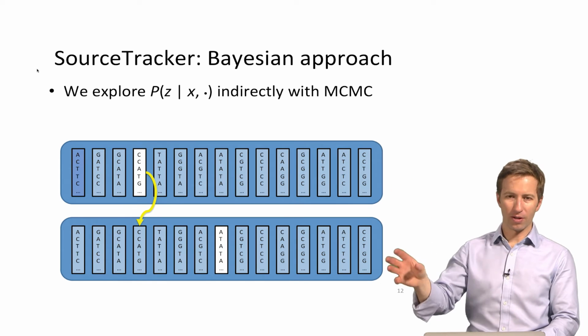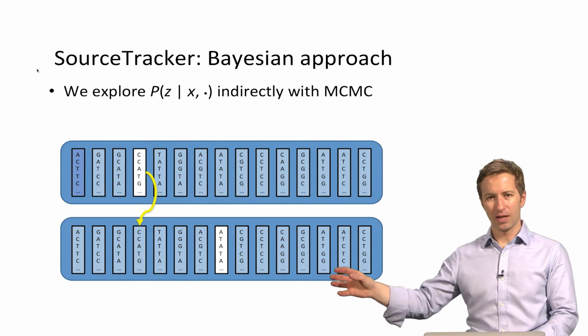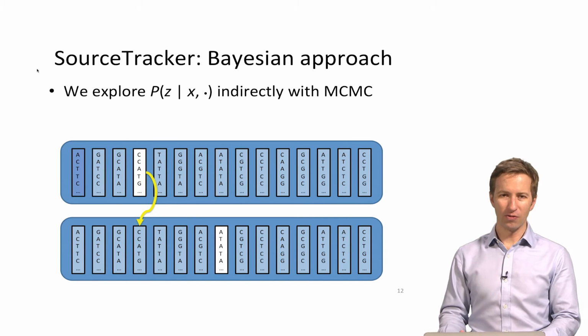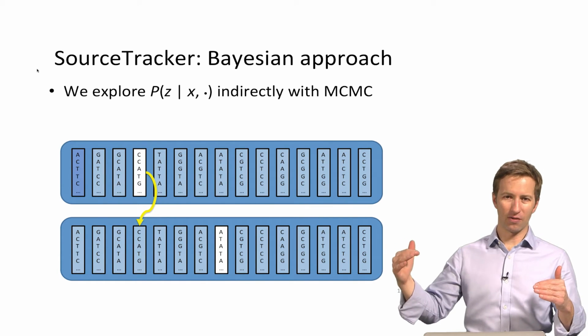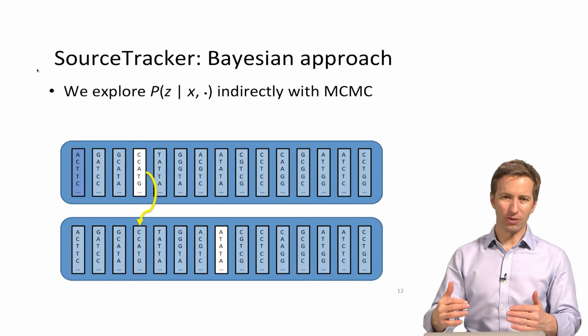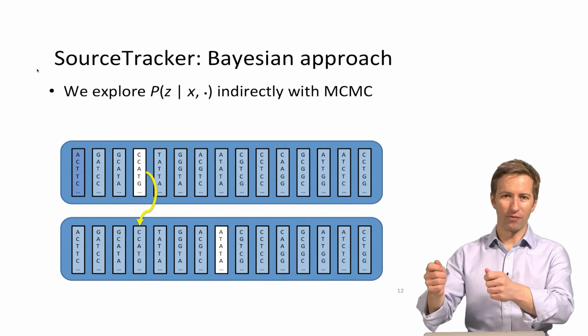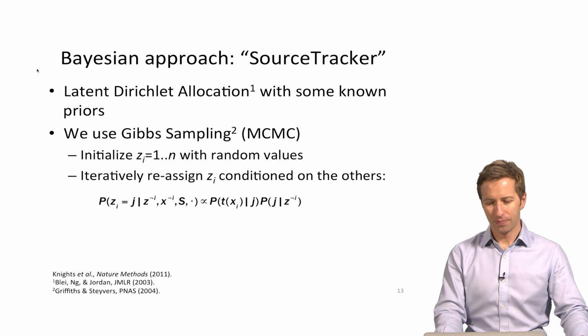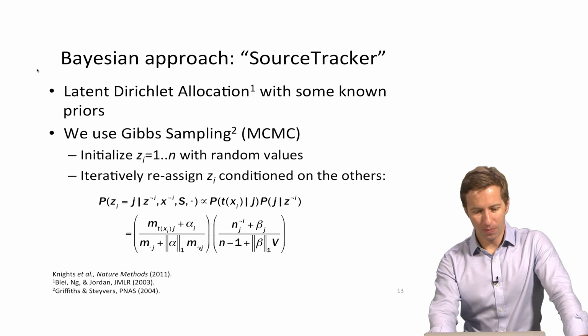So we drop it into one of those bins, stick it back in, take another one out, and we keep repeating this process over and over. And it turns out you can prove statistically that these will converge on the actual distribution of true assignments from the different source environments.